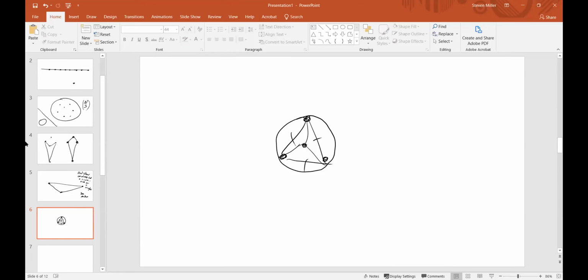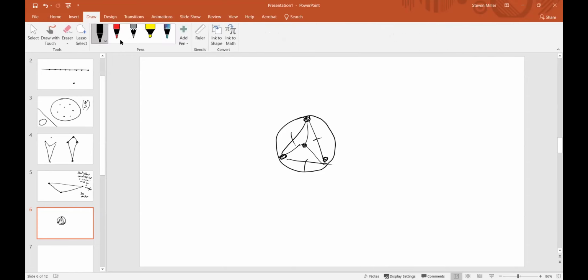Okay, so building on this success, let's see what else we can do. Now, again, I can at least now have my polygon drawn.